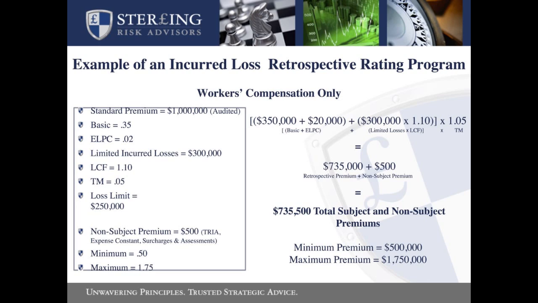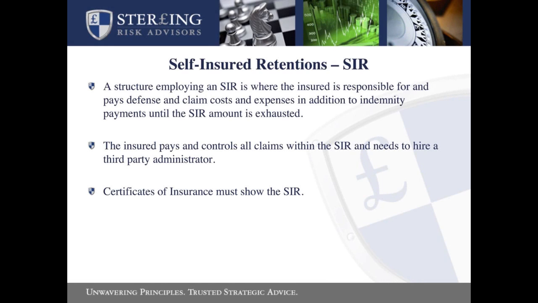So we've saved a little over $250,000 by assuming the first $250,000 of every loss, and we've controlled those losses, we've managed those claims, we've done all the things so that we didn't have to pay $1 million to an insurance company. Because if we paid $1 million to an insurance company and my losses were only $300,000, then who keeps the delta? The insurance company does. So this is a way for them not to be unduly enriched, so to speak.